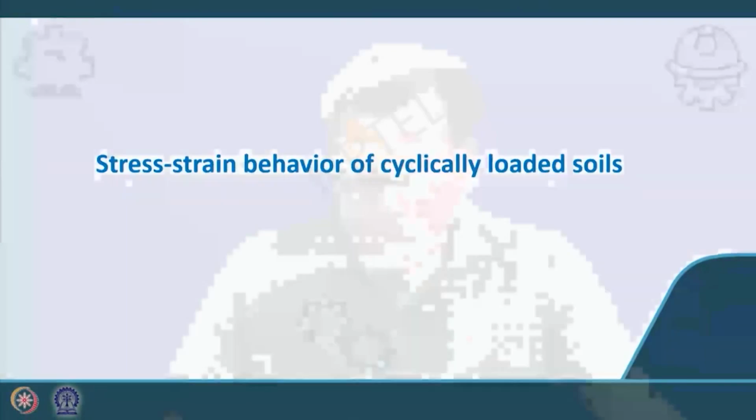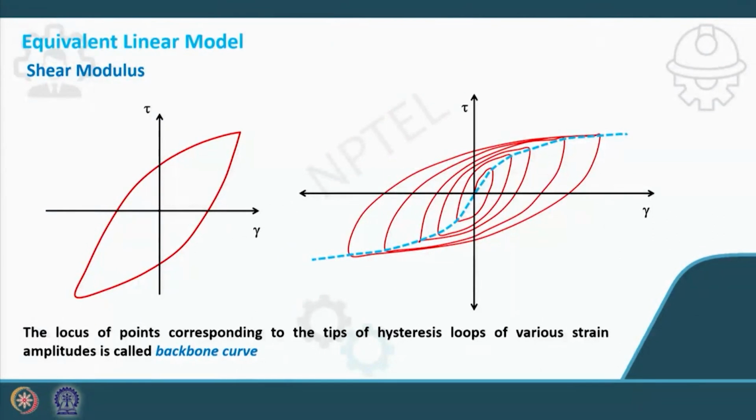Okay, so now if we see the stress strain behavior of a cyclically loaded soil, and if I join the points of the tips of this hysteresis loop, because these loops are called hysteresis loops, then the locus of points corresponding to the tips of hysteresis loops of various strain amplitudes is called the backbone curve.